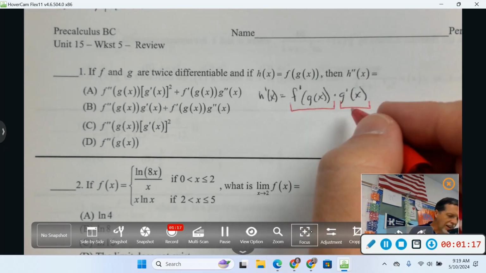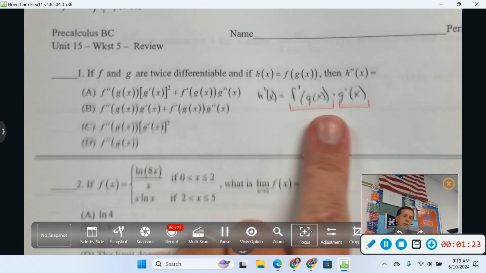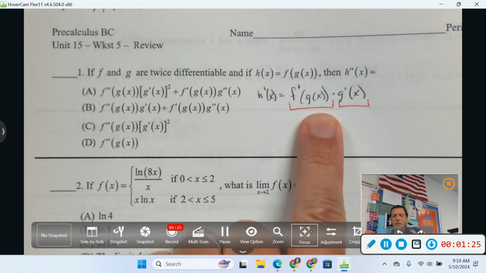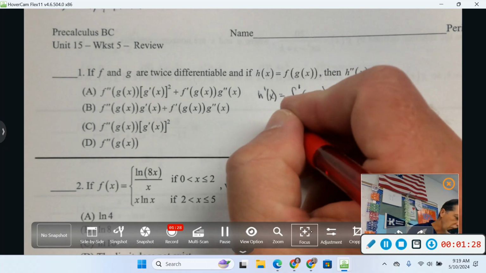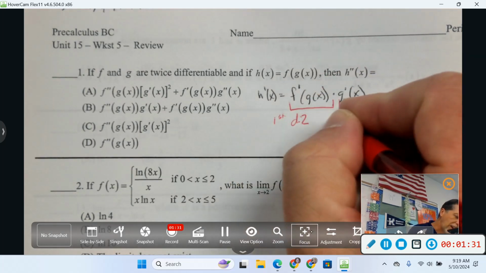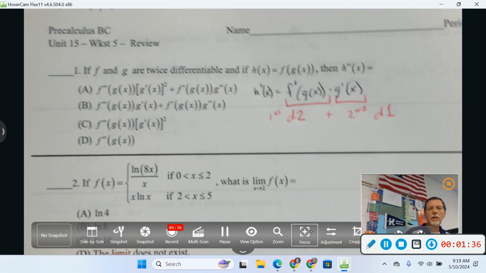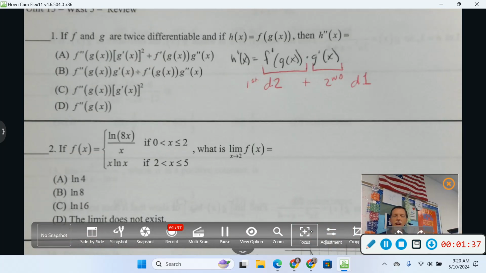And since I've already got f's and g's, I should be real careful. I don't want to write the product rule as fg prime plus gf prime, because that's really going to mess me up when I've got f's and g's and primes already here. So I'm going to just say it's first times derivative of the second plus second times derivative of the first. I'm trying to keep track of this without losing my mind on this one.